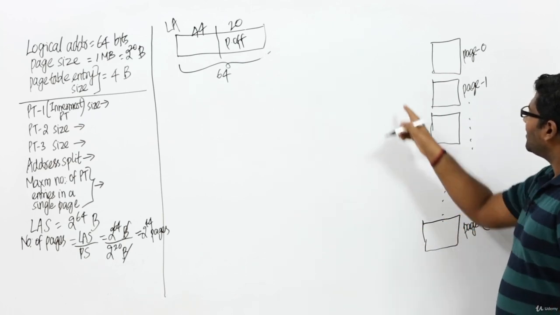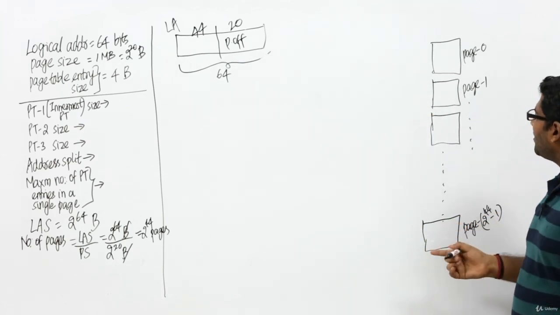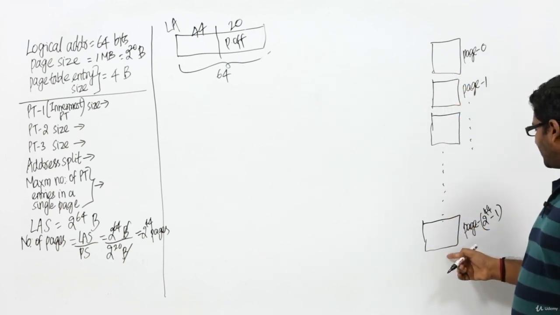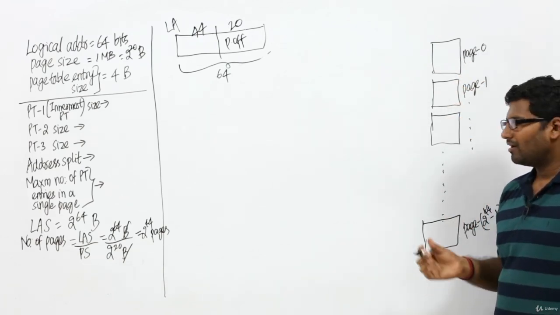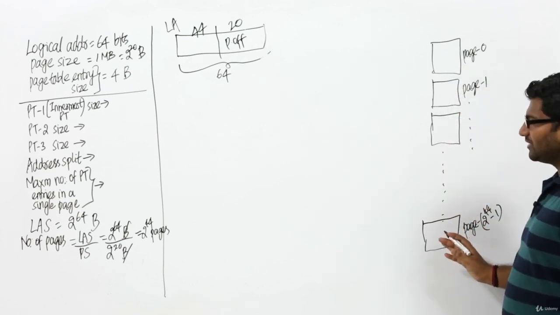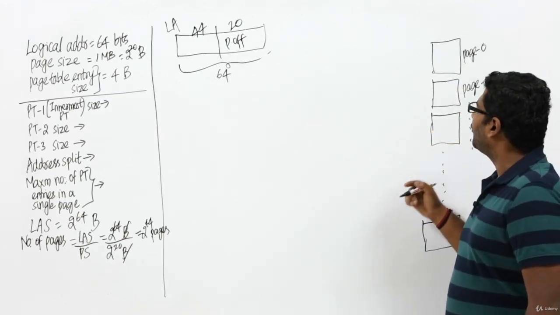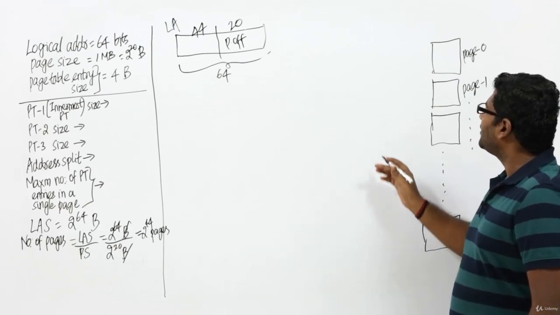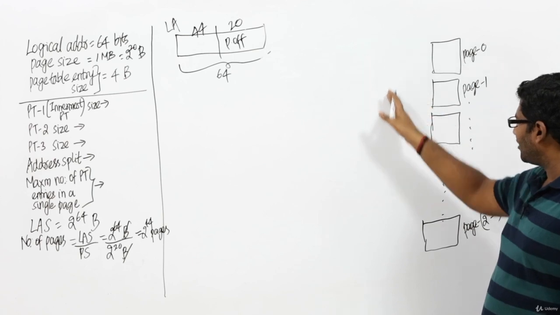Fine. Now how many entries will our innermost page table have? That really depends on how many pages our process has. Our process has 2 power 44 data pages. So I will have a total of 2 power 44 entries. I need to accommodate a total of 2 power 44 entries in this level of page table.